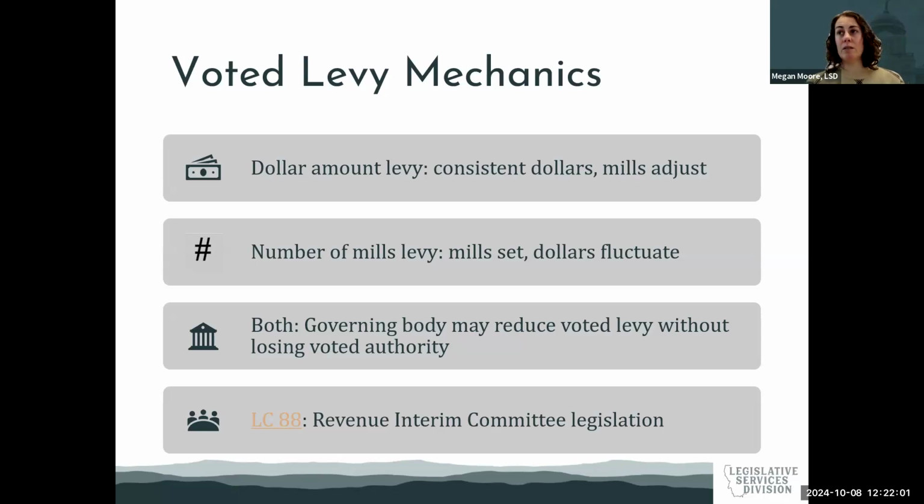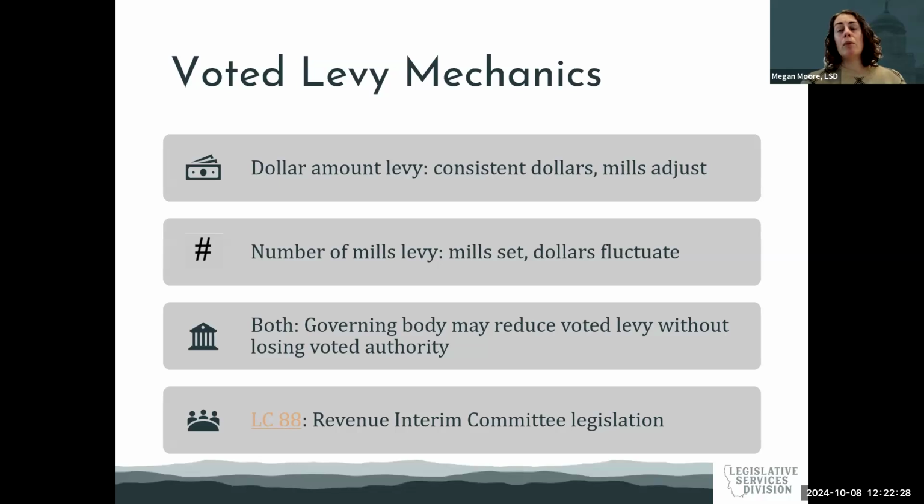If the taxable value is decreasing, a number of mill levy will raise less money. And you can see that last example was kind of an example that would fall in between these two categories as a middle way. It allows some growth for the local government without allowing a lot of growth if the taxable value increases a lot.